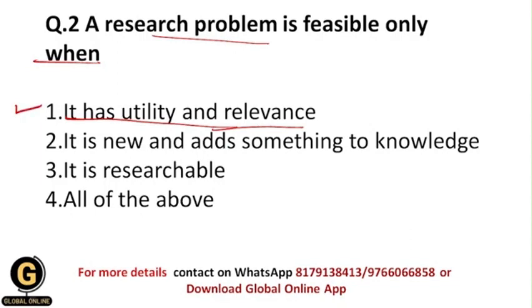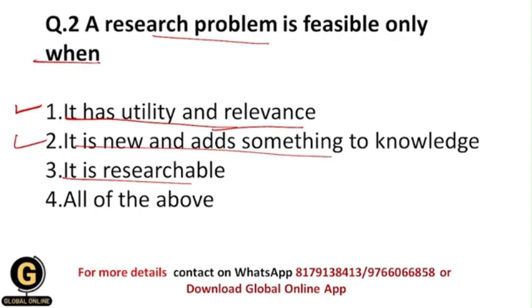It is new and adds something to knowledge. Yes, a research problem should be new and always original, and it should add something to our existing knowledge. After that only we say that the research problem is feasible. The research problem should be researchable. It is really the most important concept.